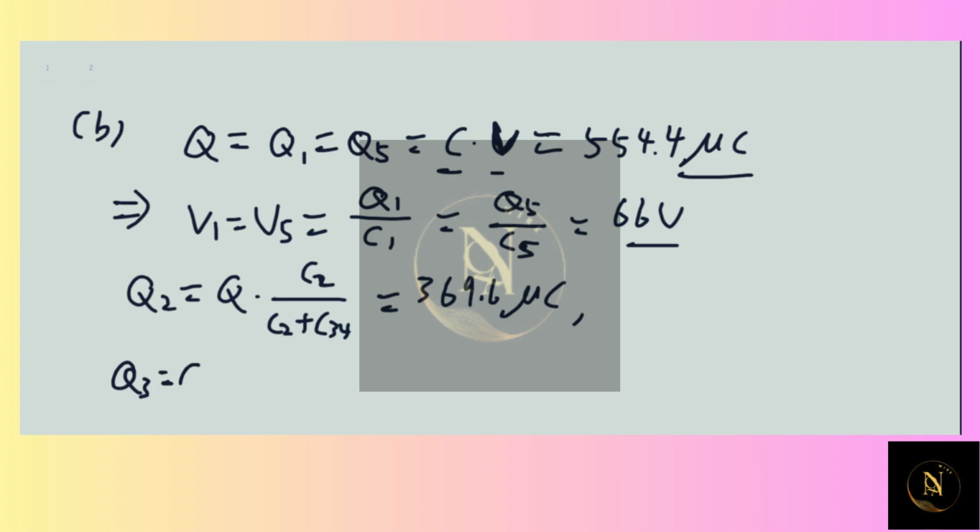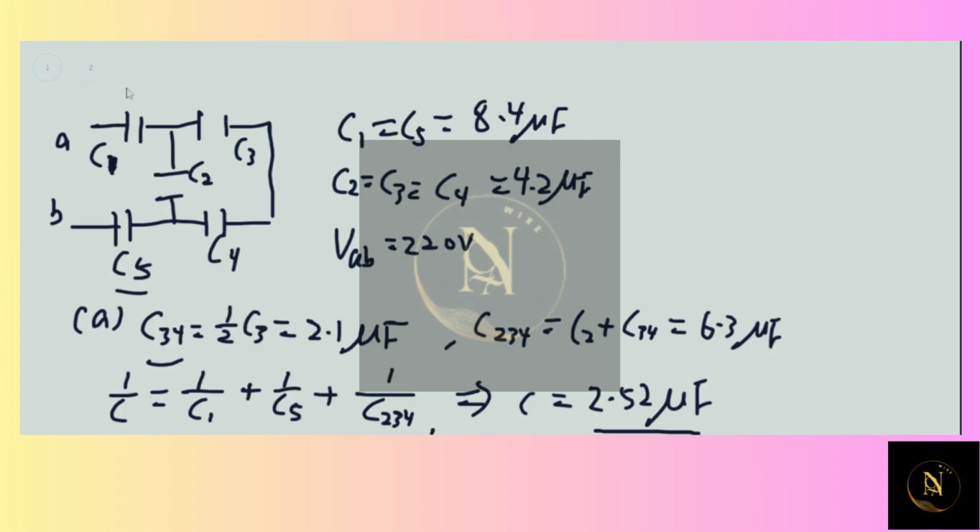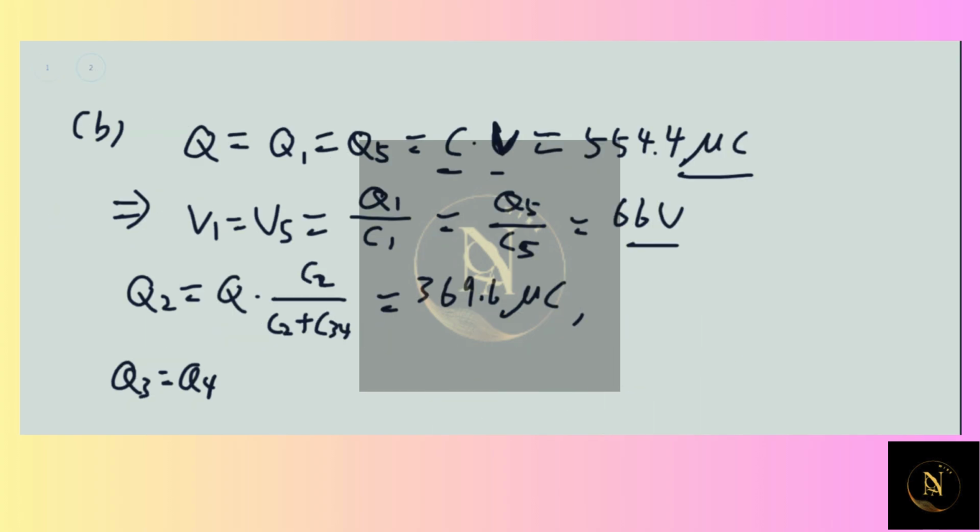Q3 equals Q4 because Q3 and Q4 are in series, so they have the same charge. So this equals Q times C34 divided by C2 plus C34, and this gives you 84.8 microcoulombs, all right?